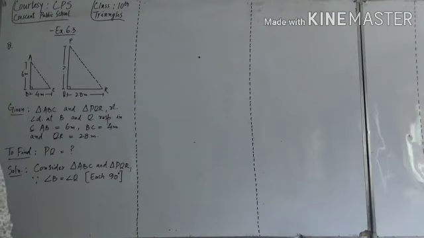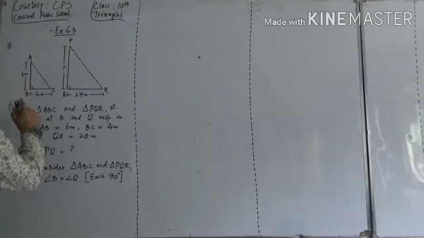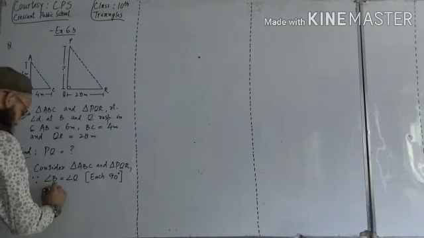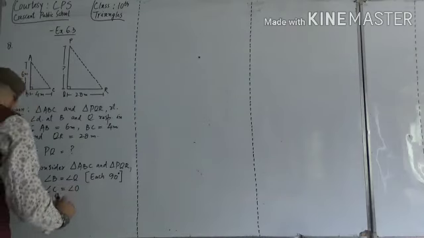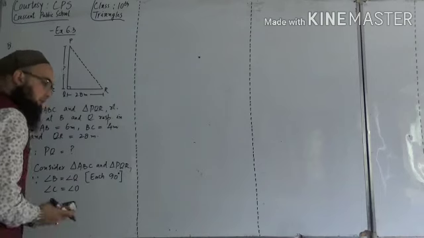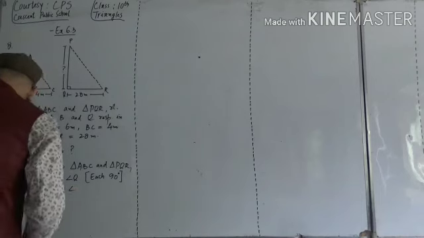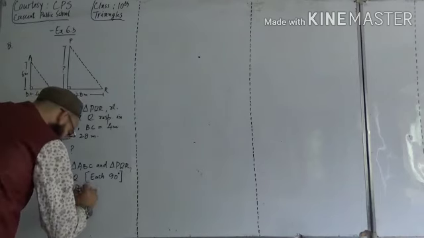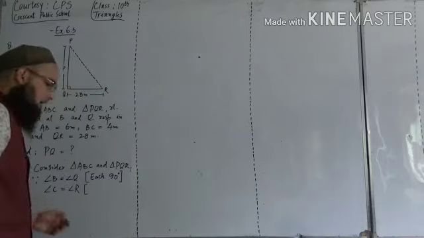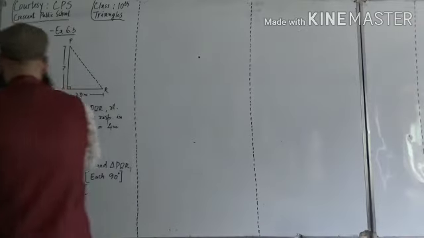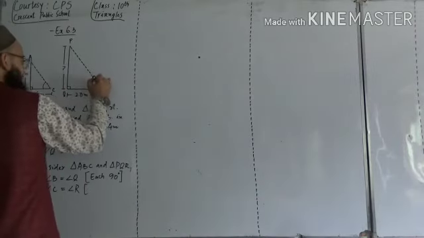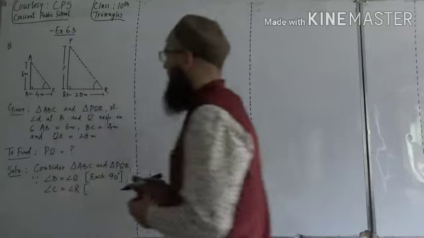What else we have? We have angle C is equal to angle R. Now pay attention, what is the reason for this angle C is equal to angle R? How would you say that?